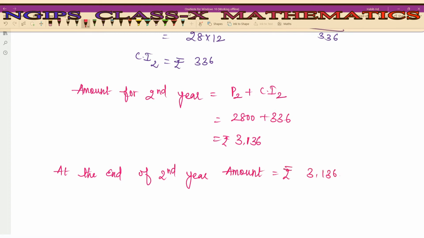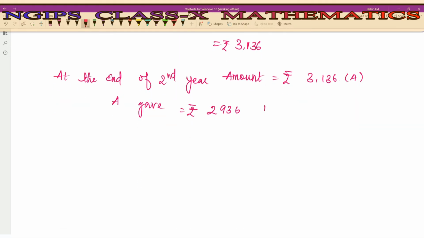So this is what A has to give to B. Now here A gave rupees 2936 plus a watch to clear this amount, to clear this amount which is equal to rupees 3136.